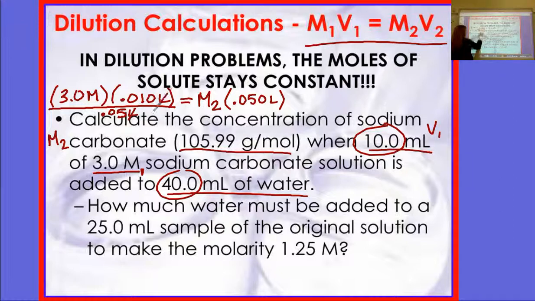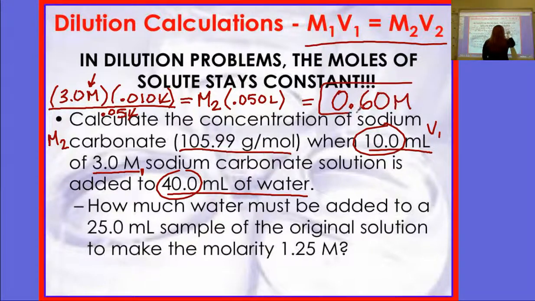Again, solving for M2, divide both sides by 0.05. Liters is going to cancel. My units will be in molarity. When you plug this into your calculator, you should get 0.6 as M2. Is M2 less than M1? Absolutely.